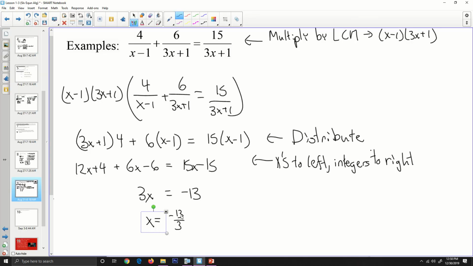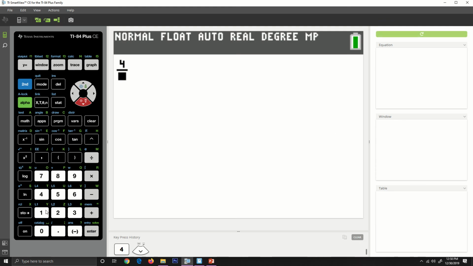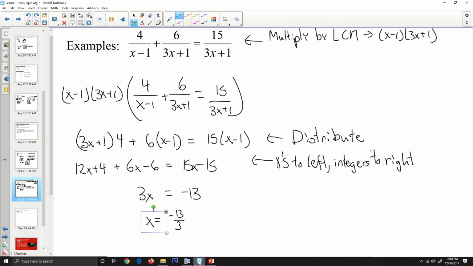So I got negative 13 over 3 is what I'm thinking that is going to be. Let's see here. Alpha y equals, negative 13 over 3, and then it was minus 1, I think.